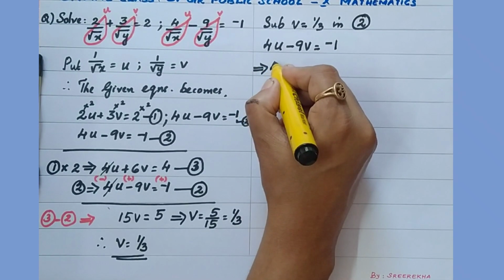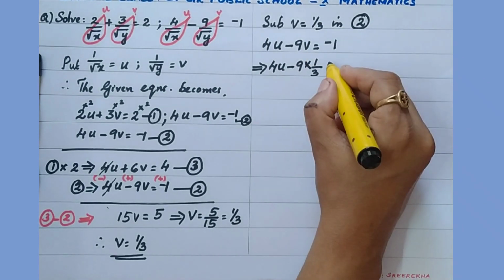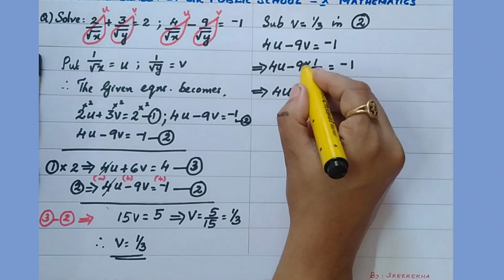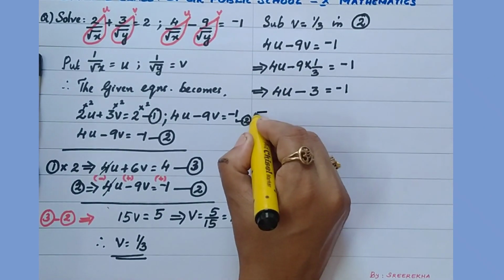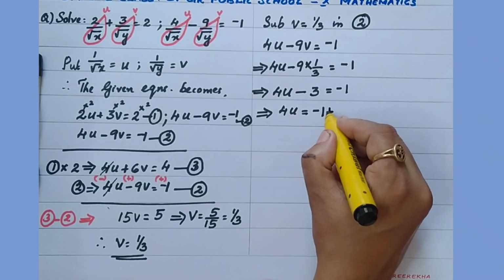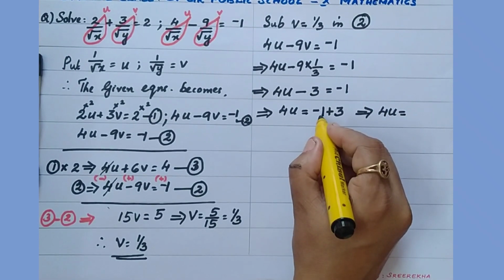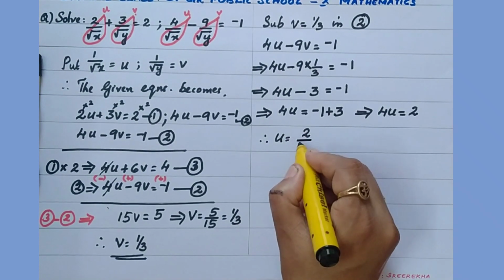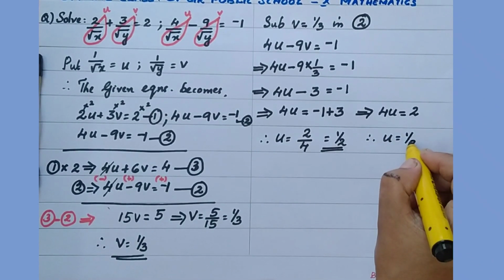When substituting you get 4u minus 9 into 1 by 3 equals minus 1, which implies 4u minus, 9 into 1 by 3 is 3, equals minus 1, which implies 4u equals minus 1; on the right side, minus 3 comes to the left side and becomes plus 3, which implies 4u equals minus 1 plus 3, which is plus 2. Therefore, u equals 2 by 4, which is 1 by 2. Thus, you got the value of u as 1 by 2.